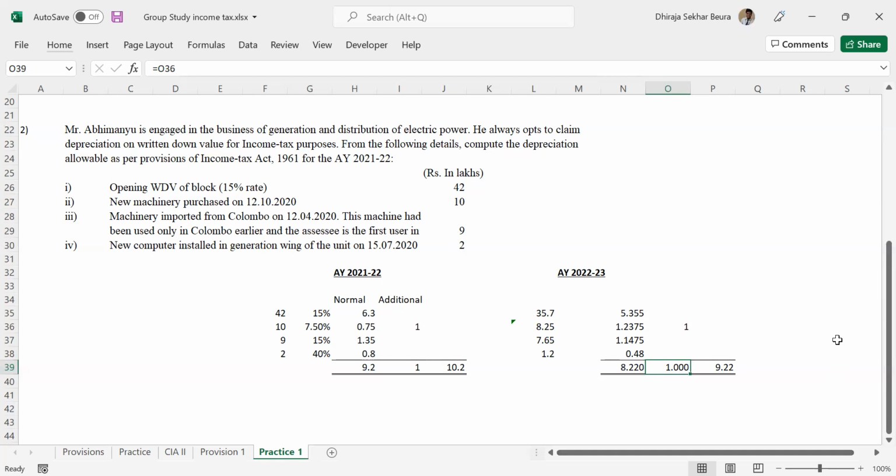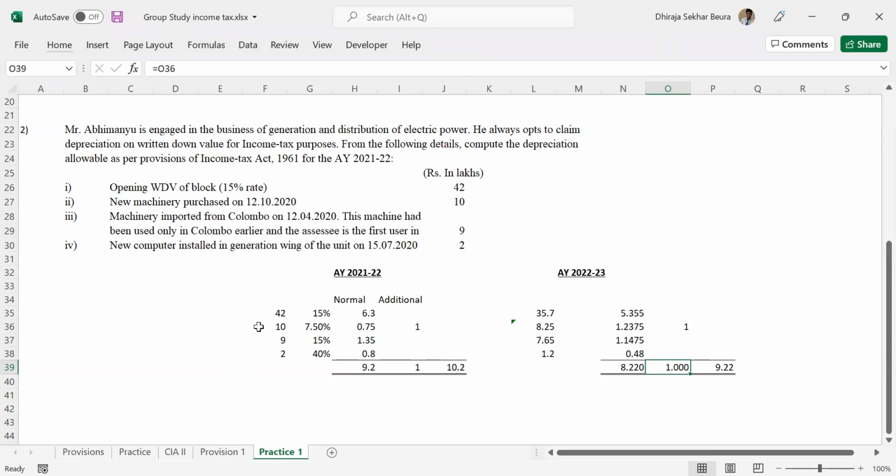So it should be 8.22 plus 1. That becomes 9.2. Okay. Make sense? Any questions, please? Clear.